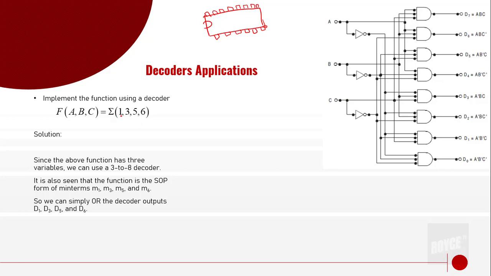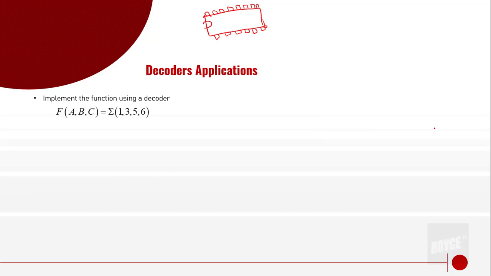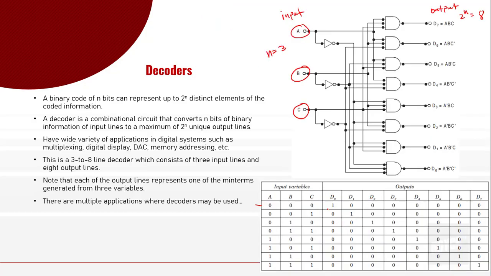So, hahanapin lang natin asan ba si minterm 1, minterm 3, minterm 5, and minterm 6. Okay, sabi natin, minterm 0 is nasa D0. Diba? Ito din yun, no? So, in terms of minterms, this would be M0, M1, 2, 3, 4, 5, 6, 7.